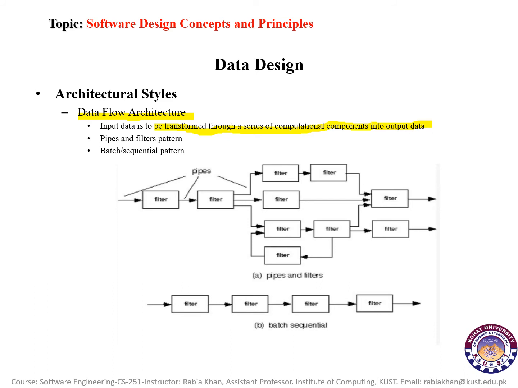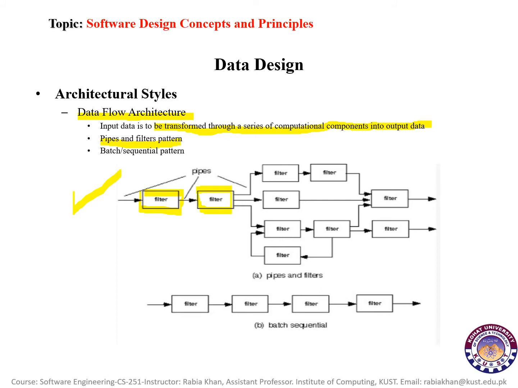The common pattern is known as the pipe and filter pattern, which is a very common pattern of data flow architecture. Here you can see the diagram of pipe and filter architecture. It is a set of components called filters. These components are the functions which can manipulate, change, or act on the data.